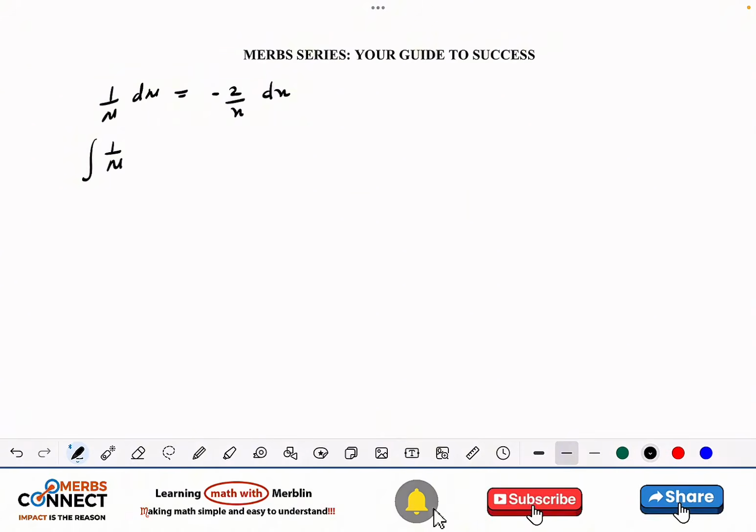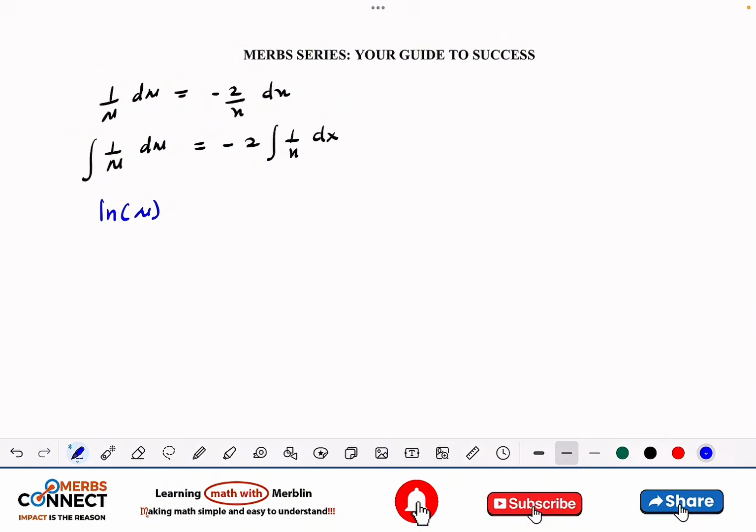Anytime I see 1 over something I'm integrating, I know that it's going to give us a ln function. So ln of mu is equal to minus 2 ln of, let's say, x. Yeah, something like that. Good.